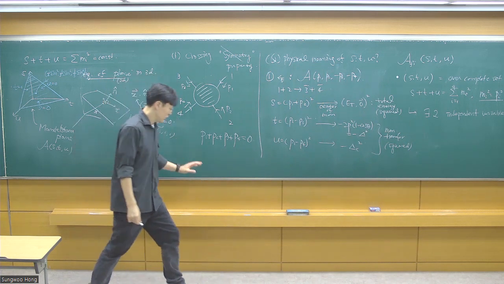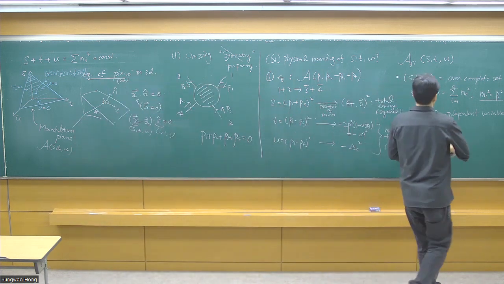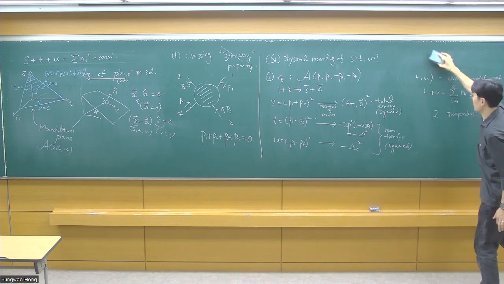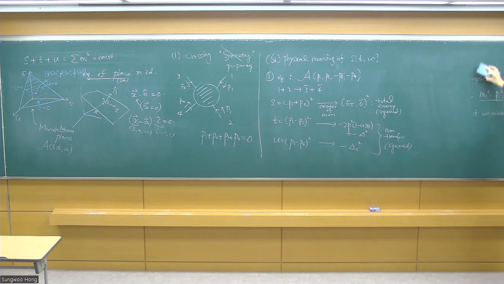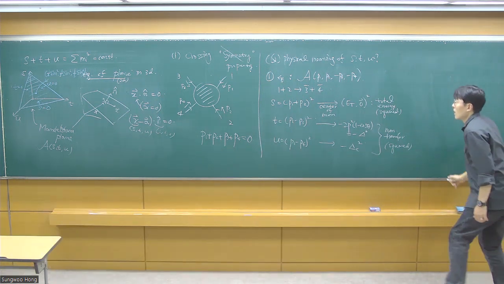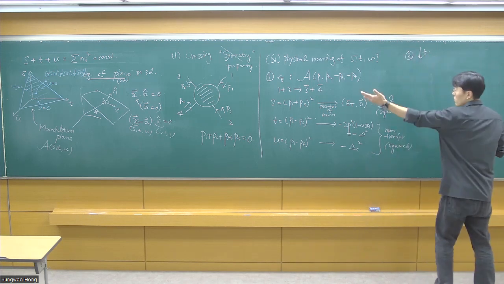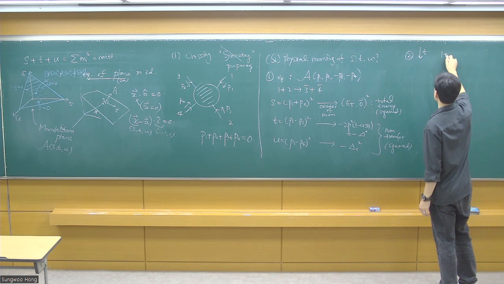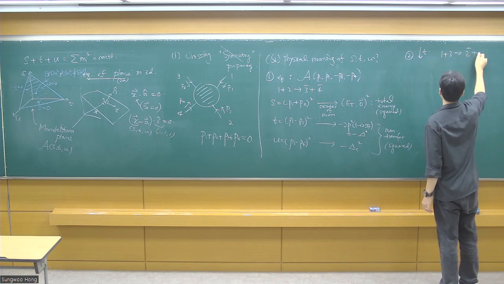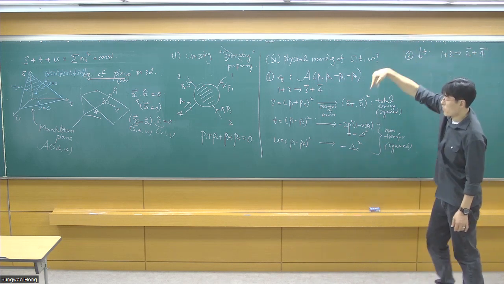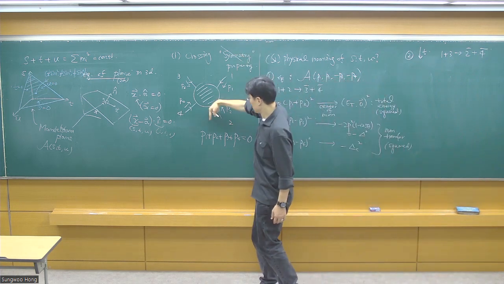Okay, let's continue. I don't want to stop here. Let's continue. So that's the first thing I can look at. And then let's look at the, now time goes down. So first of all, that will be 1 plus 3 goes to 2 bar plus 4 bar, if you read the diagram from that, right?